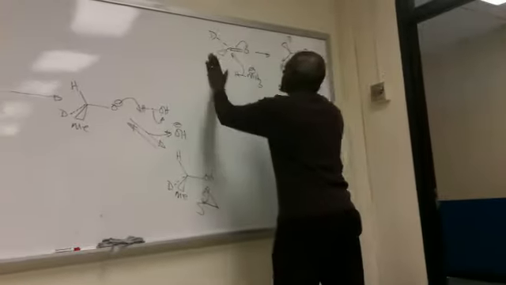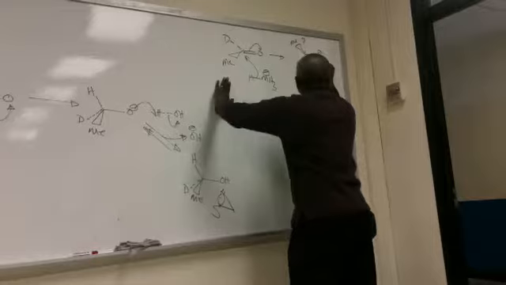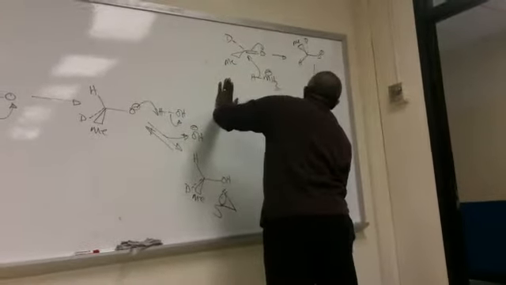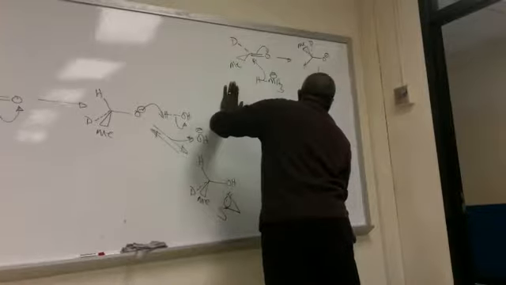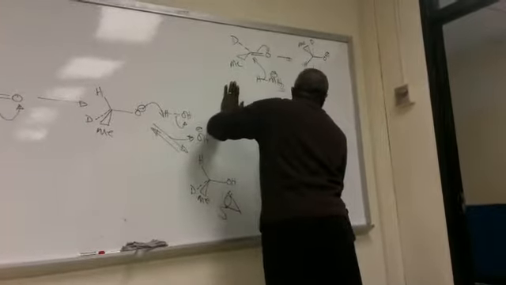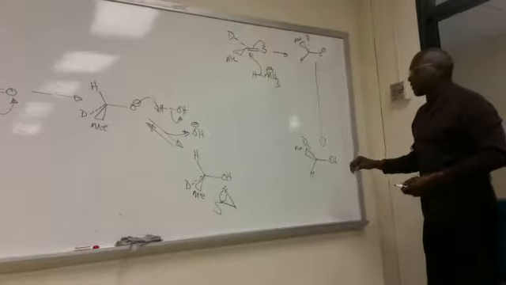Oh, good lord. That's methyl. And then when I protonate that species, what I'll get is this one. So OH, H, methyl, and D. And if I read this, it's the same thing.